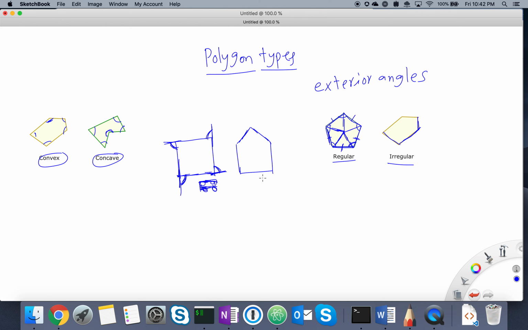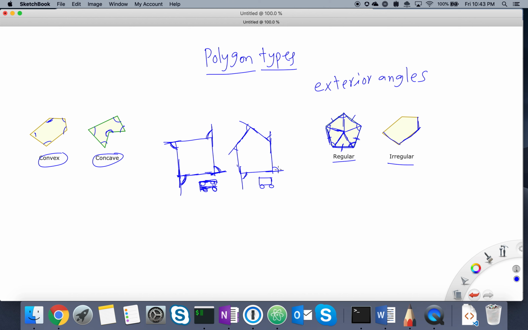Imagine the same vehicle here. Now imagine this vehicle going around. These are all the exterior angles that it formed for this pentagon.